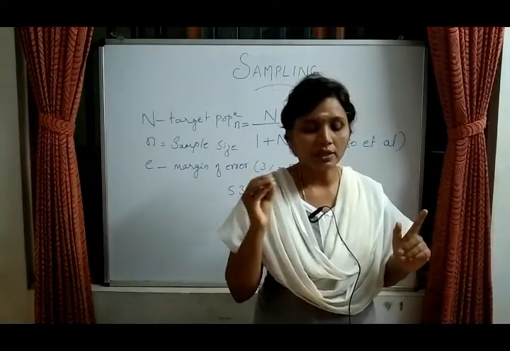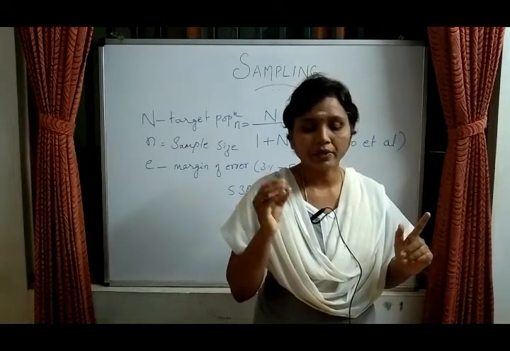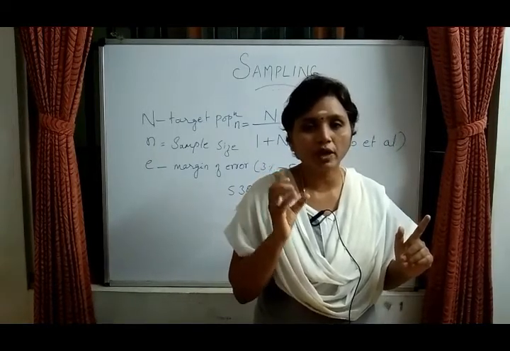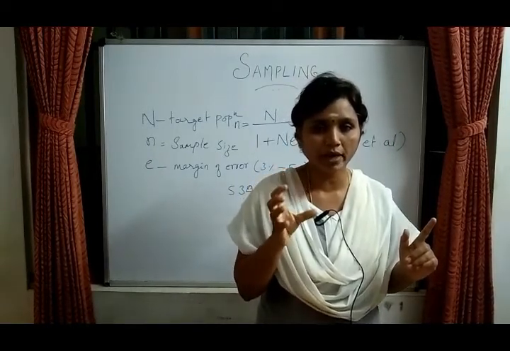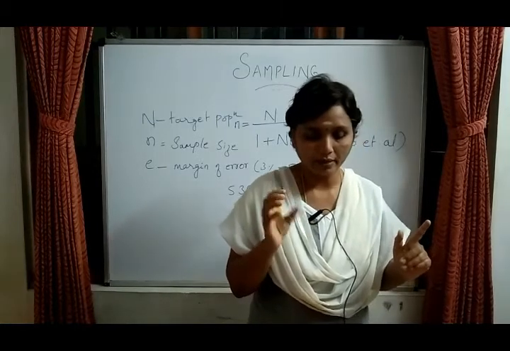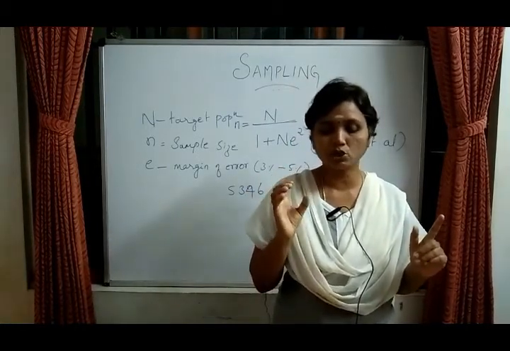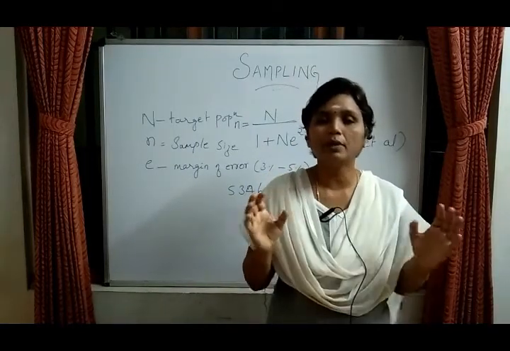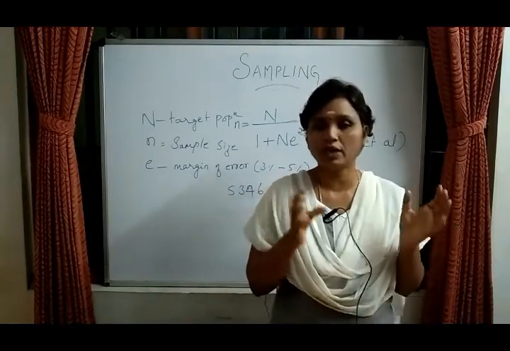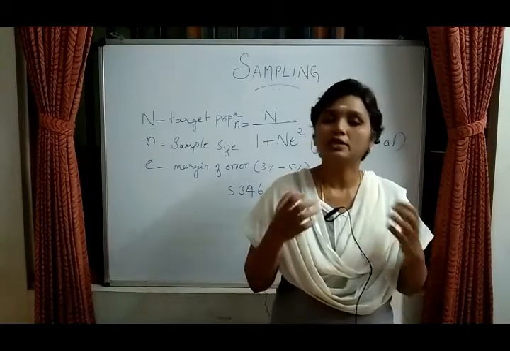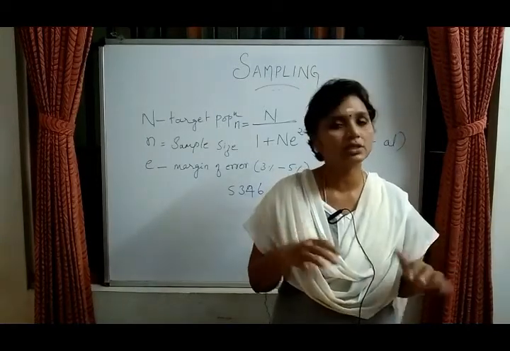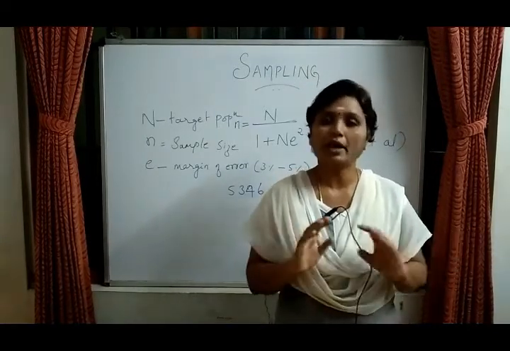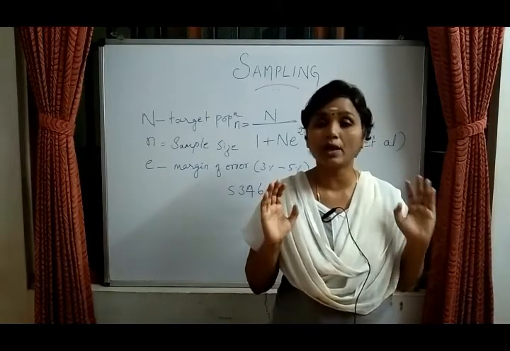Systematic bias should be controlled. The sample should be applicable for the general population. These are the characteristics of good sample design.